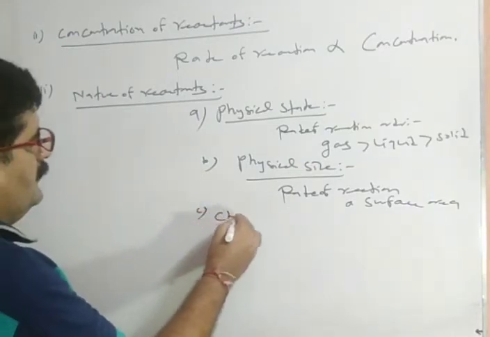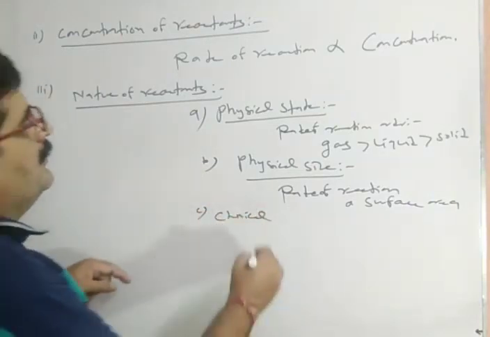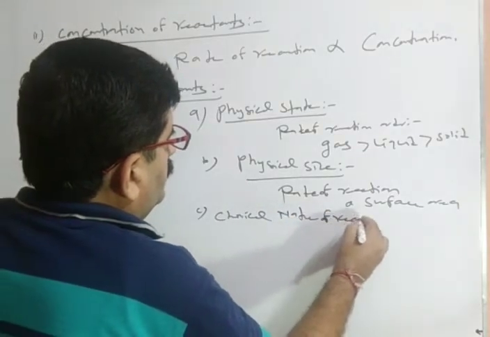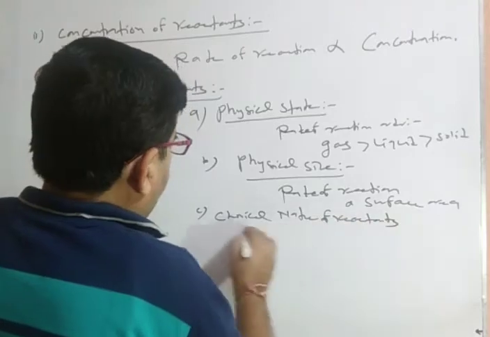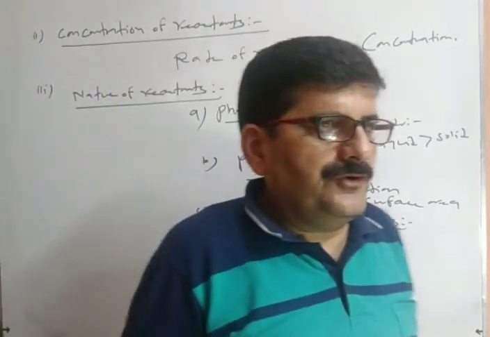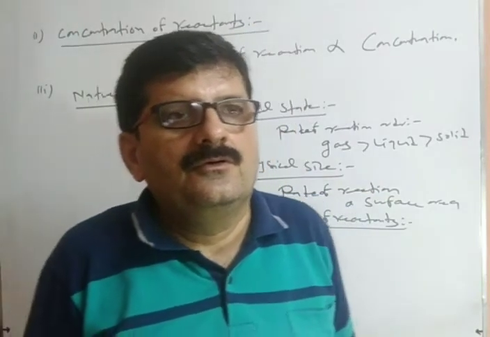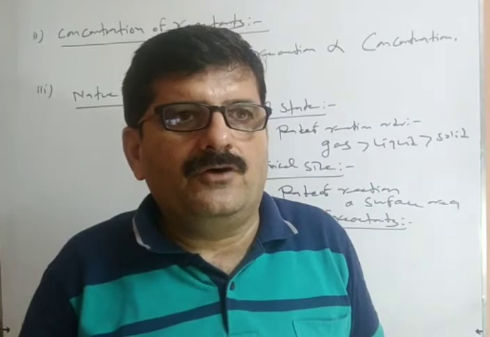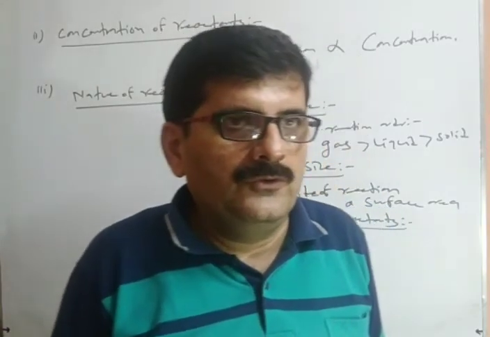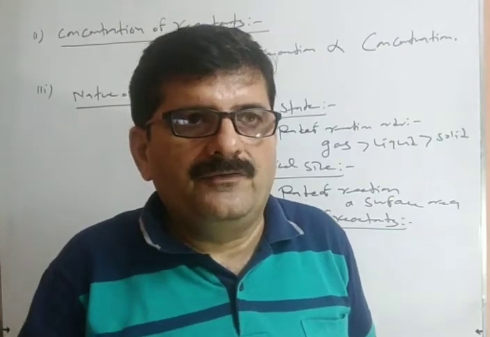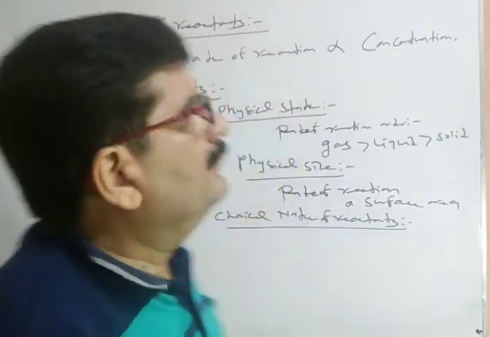C, chemical nature of reactants. Ionic reactions are faster compared to covalent reactions. If number of bonds in the reactant side is greater, then reaction becomes slower. So how is our chemical reaction given? The rate of reaction depends upon the chemical reaction.